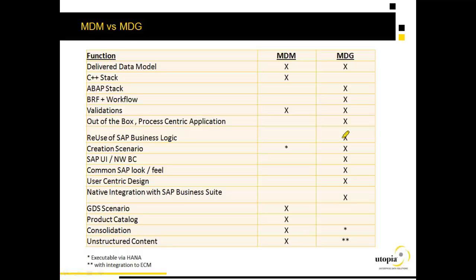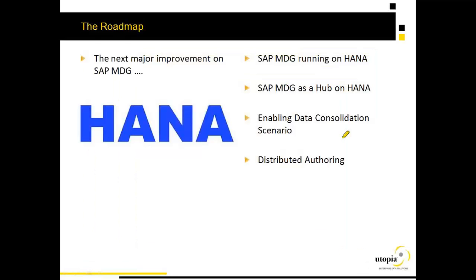With MDG, you can do this, but you have to integrate to a third-party enterprise content management solution, most likely OpenText or others. So it can be done, but it's not the same as MDM. So hopefully that gives you an appreciation of some of the differences between the two and similarities.